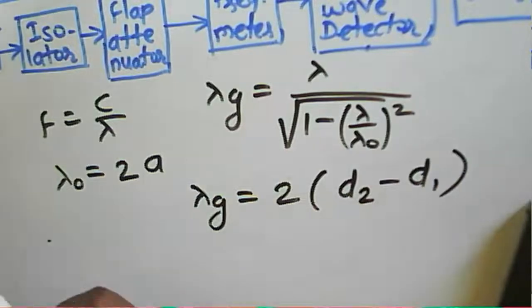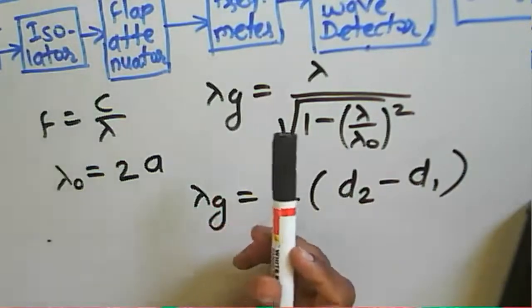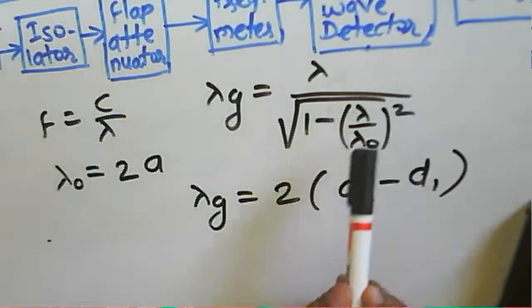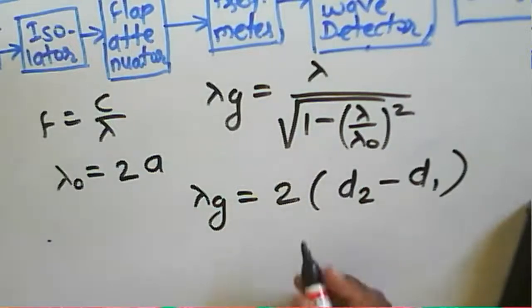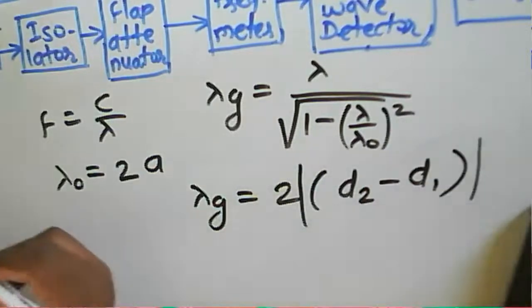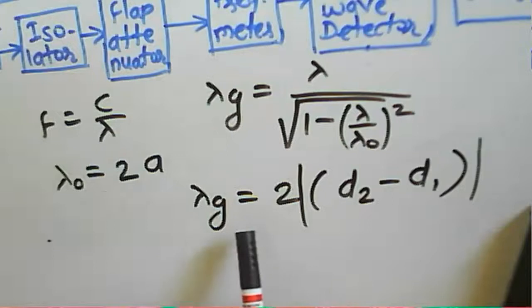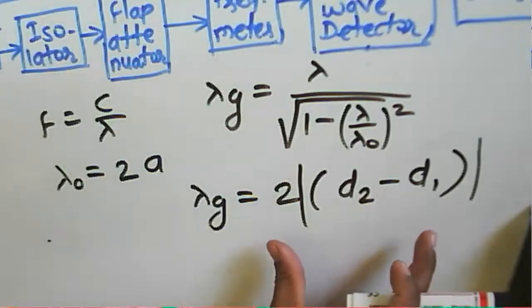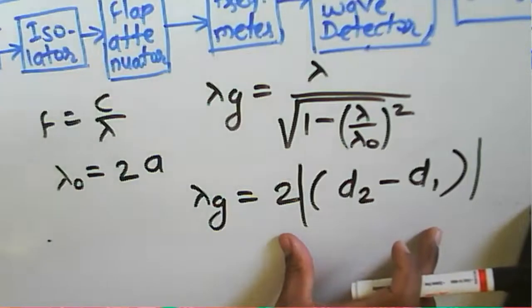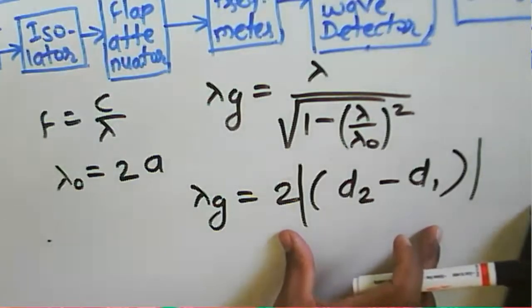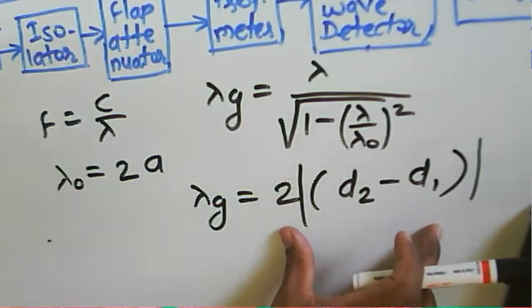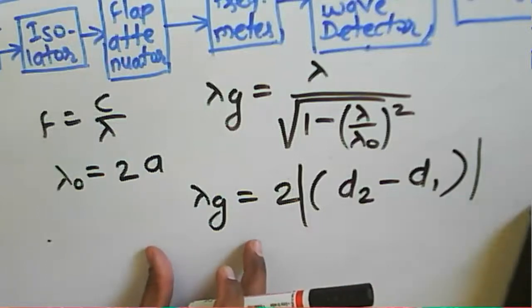We get two distances, one distance d1 and another distance d2. So lambda g is equal to twice the distance between two consecutive minima, and directly we get the guide wavelength there.